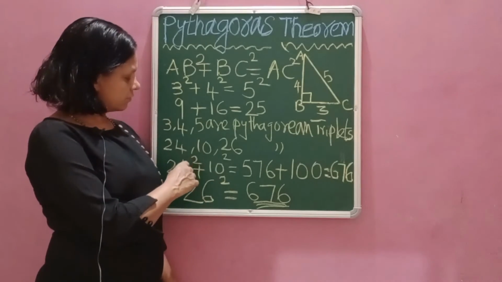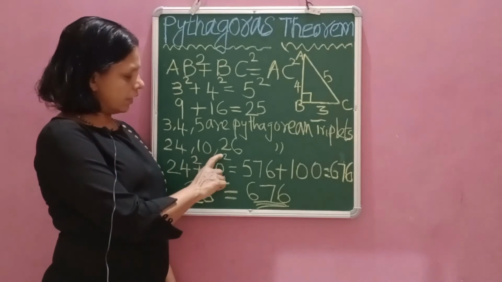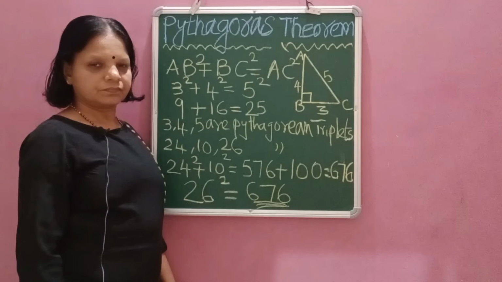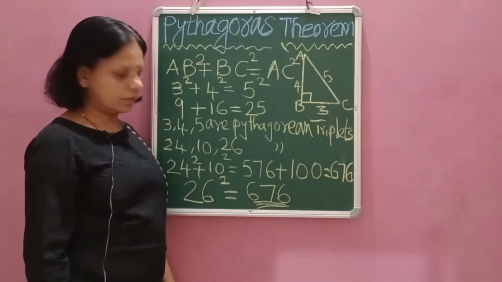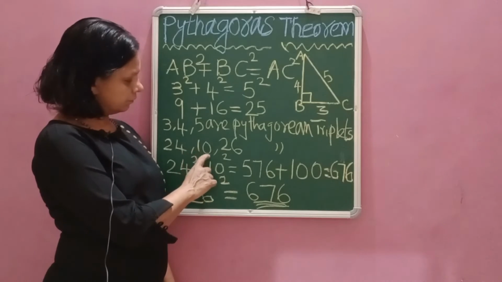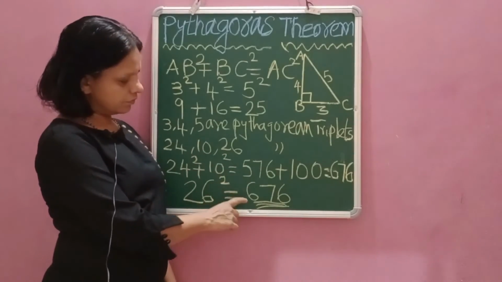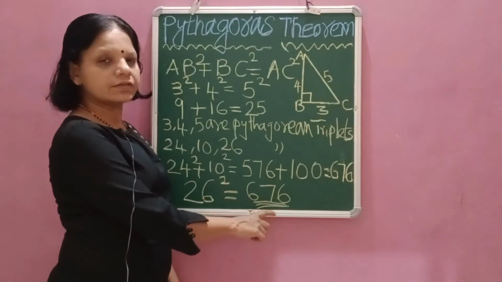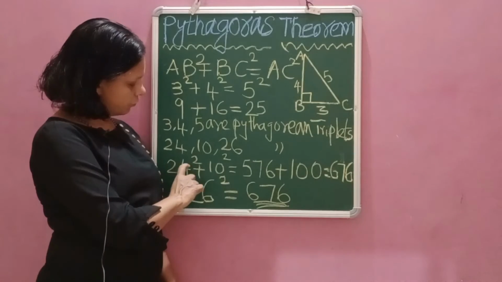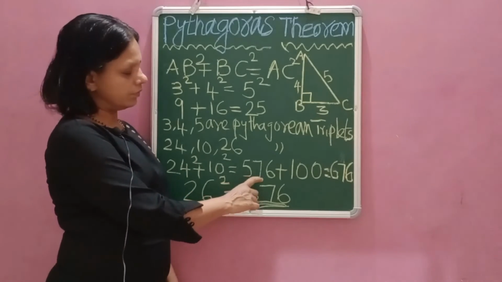See, look at this example. The numbers 24, 10 and 26. To check whether they form the sides of right angle triangle. Which is the largest side? 26. 26 square is 676. And 24 square plus 10 square. 24 square is 576.